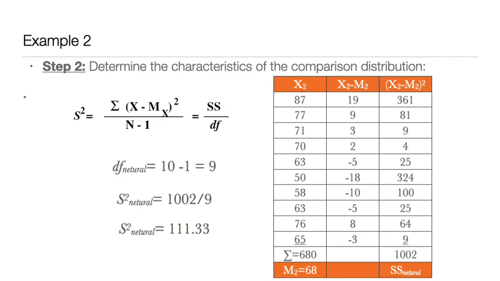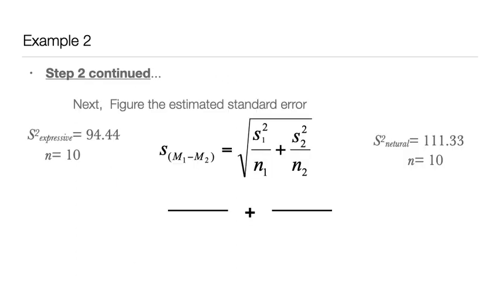We're still in step 2. We're still just estimating the standard error here. Again, first we have to do each of these independently before we bring them back together for that estimated standard error. So now that we've calculated them independently, we can bring them back together. For that standard error, remember, we're going to divide by the number of subjects in that sample.